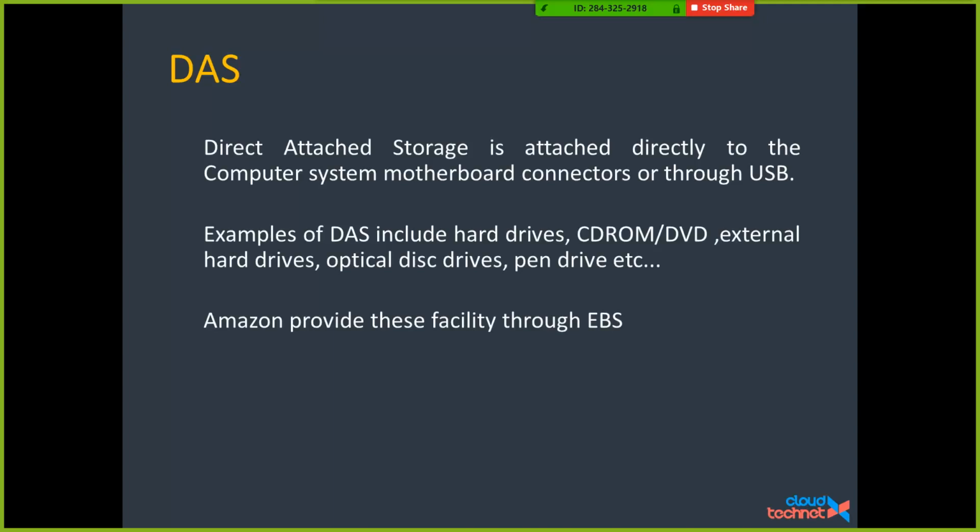You press the button on that tray and it opens, you insert your CD or DVD, and you watch your data like videos, etc. That is also one of the best examples for DAS. And external hard drives, we also discussed. Optical disk drives. Any idea what the meaning of optical disk drives is?